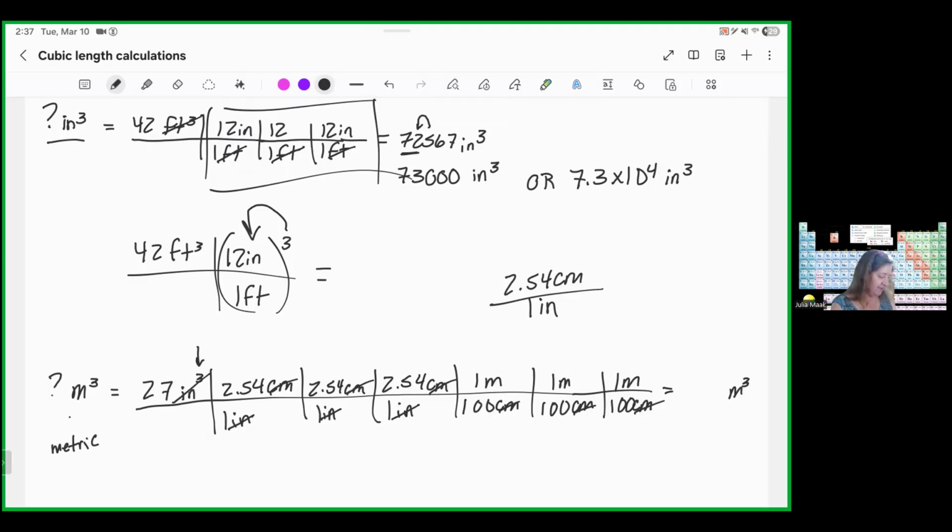If I calculate that, I get 4.24507 and some stuff times 10 to the negative 4. We're looking at 2 sig figs, so 4.2 times 10 to the negative 4 cubic meters.